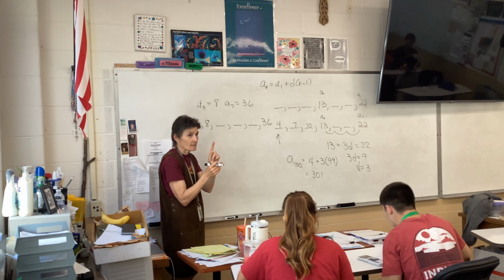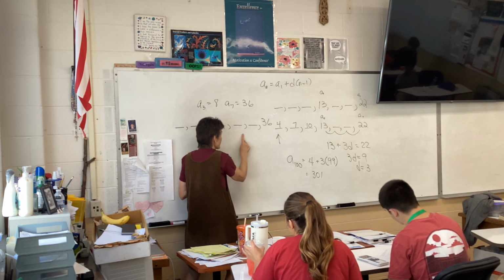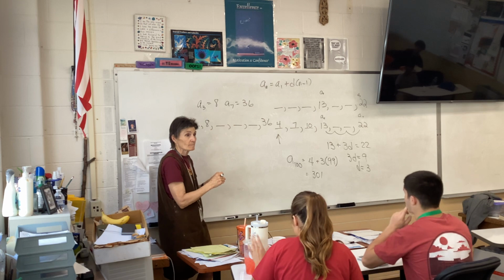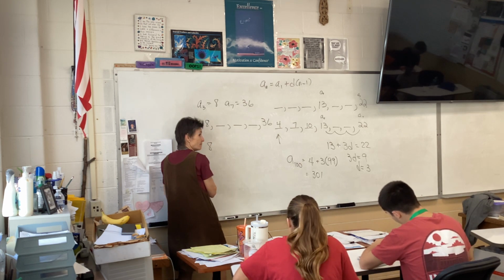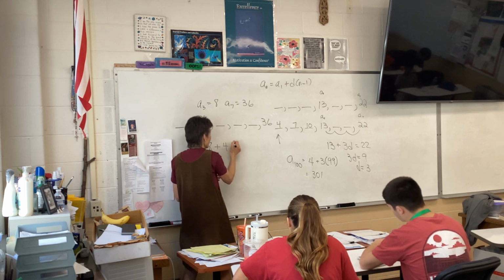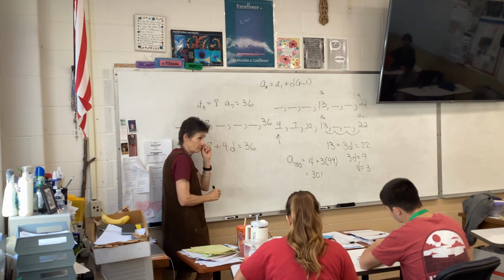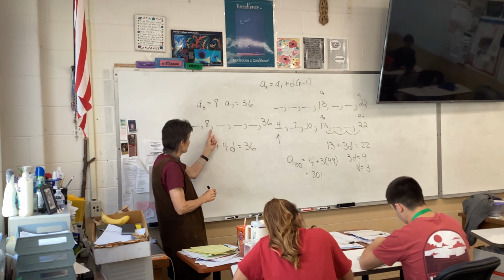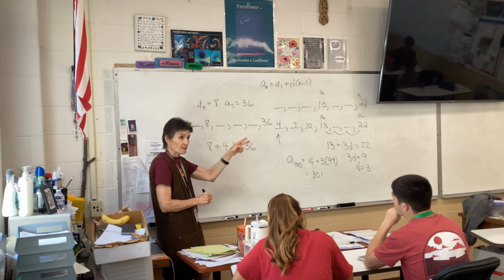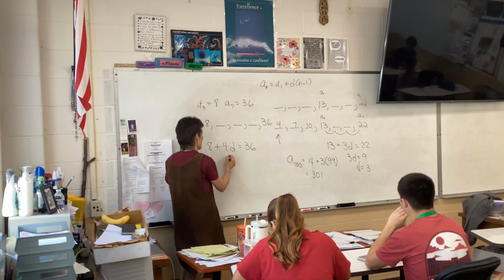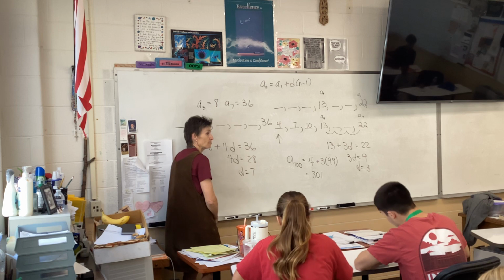They tell me that, which means I am adding something once, twice, 3, 4 times. So if I start with 8 and add that number 4 times, I end up with 36. There's 1 D, another D, another D, and another D. 4 Ds give me 36. So what does that make D? 4D equals 28, so D is 7.